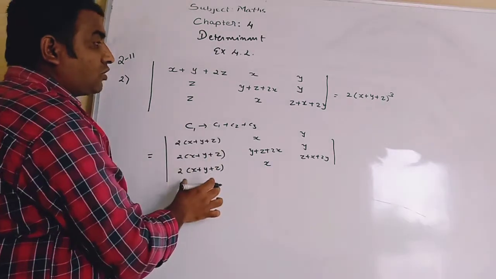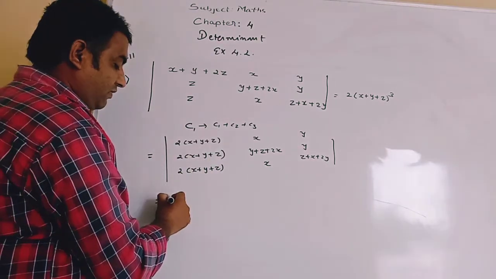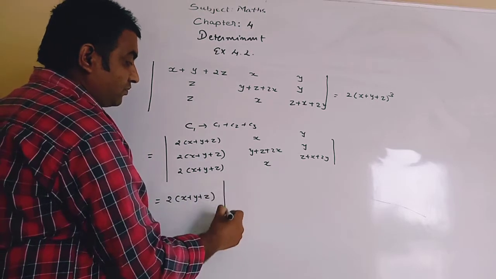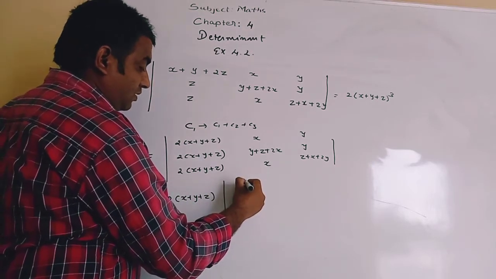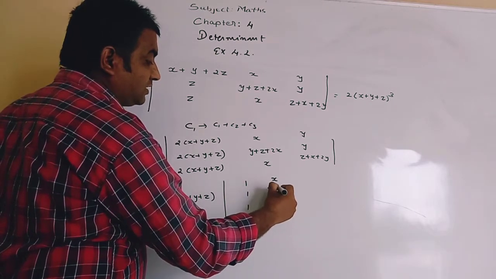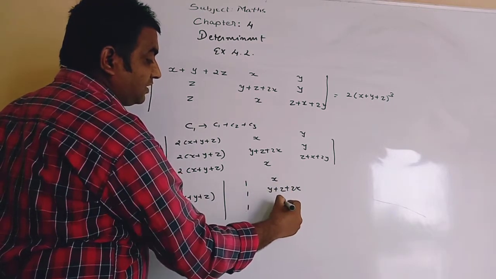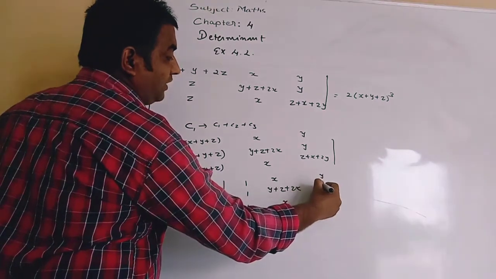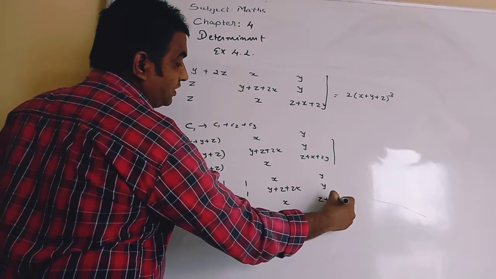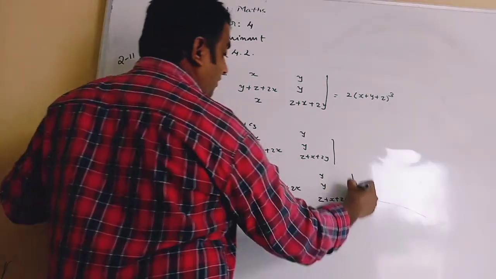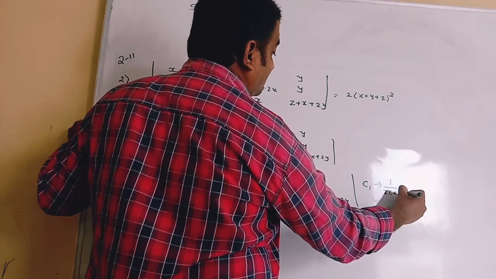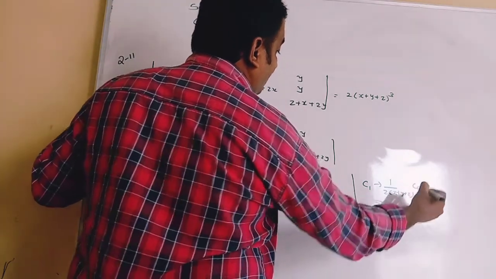Now from the first column 2 times x plus y plus z we take out common, and here 1 1 1, x, y plus z plus 2x, x, y, y, z plus x plus 2y. Here we have applied C1 transform into 1 by 2 x plus y plus z C1.